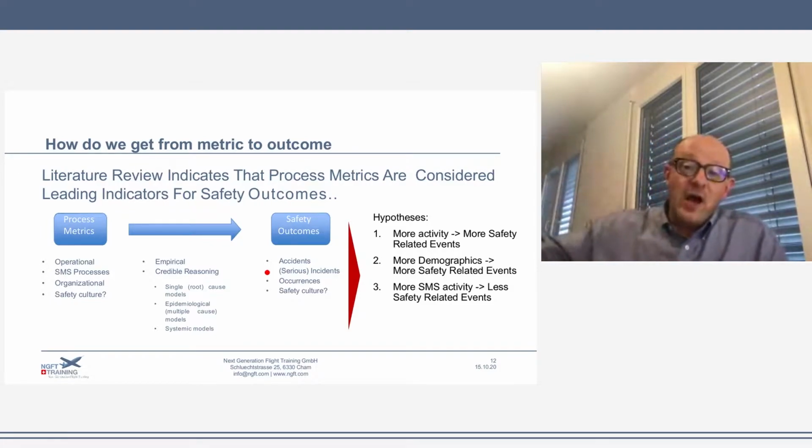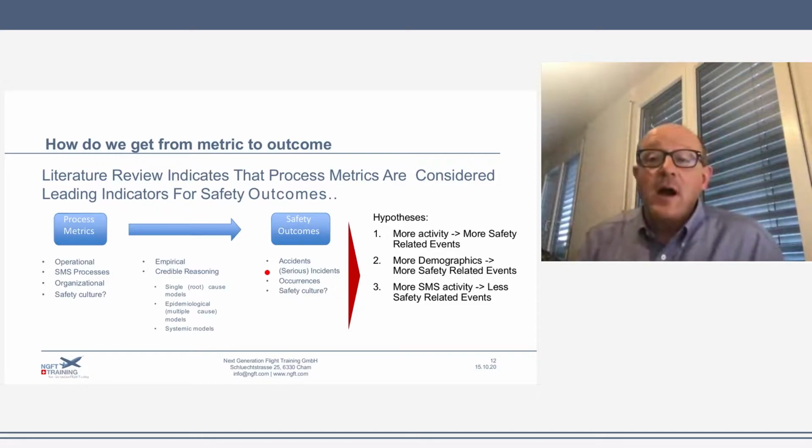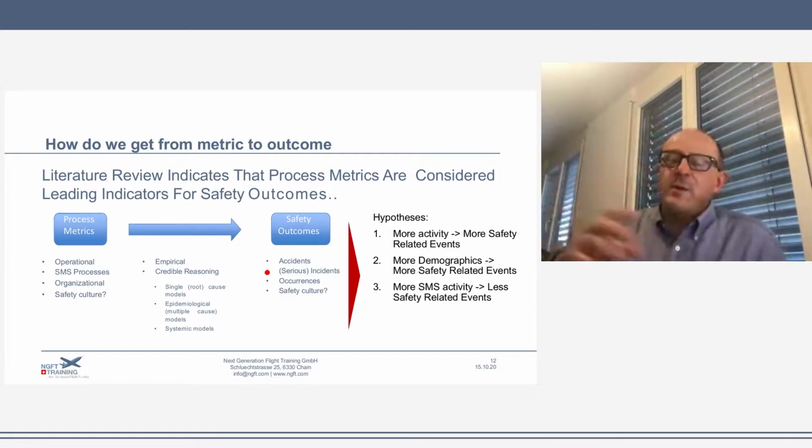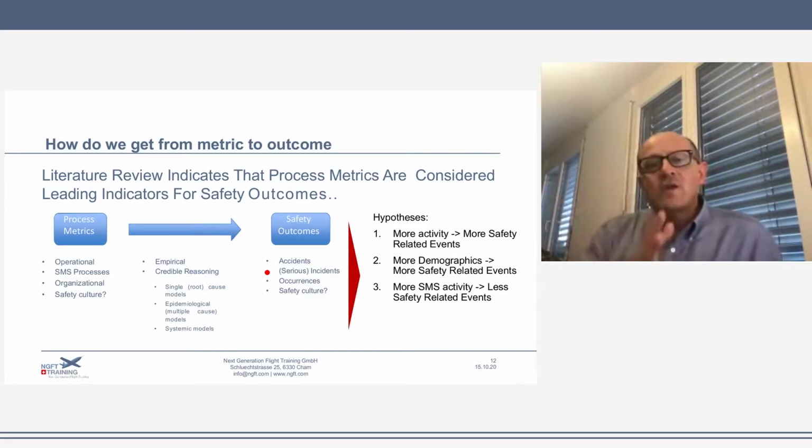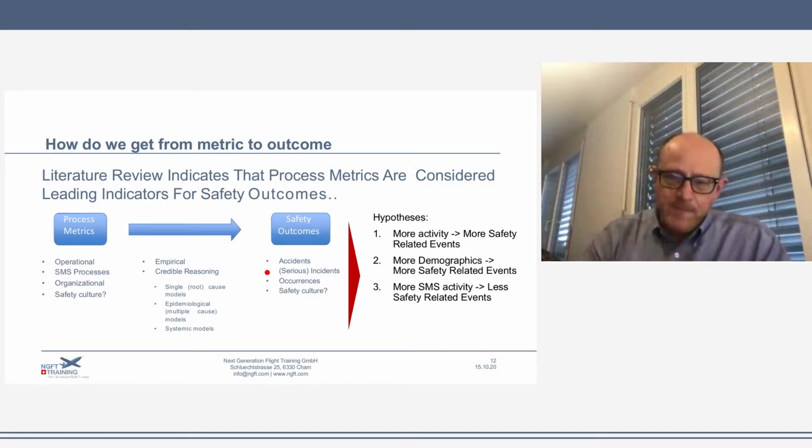If you fly a lot, you will have safety-related events. So that's certain. That also means that the more data you have, the more likely you will be able to detect something that is linked to safety.